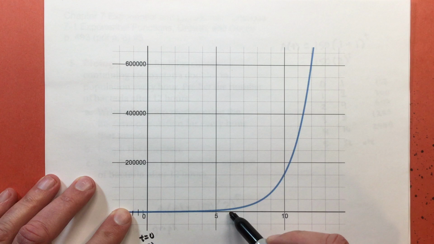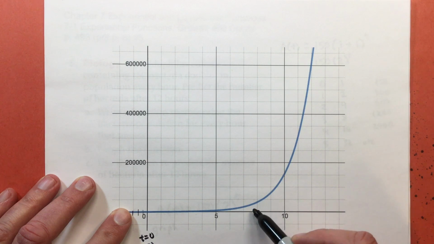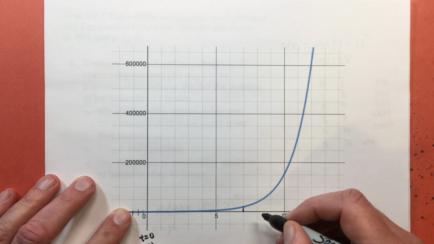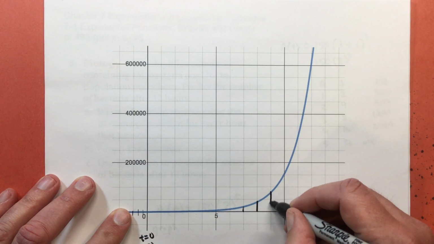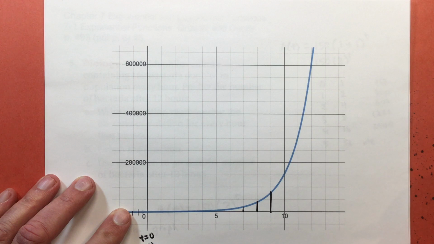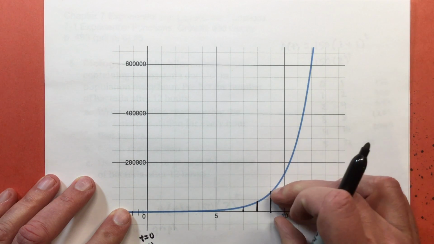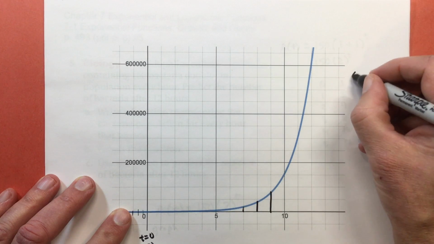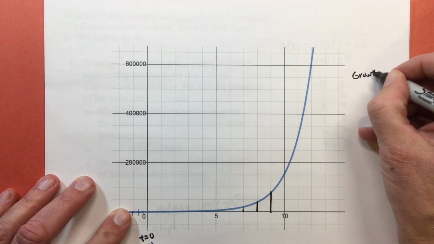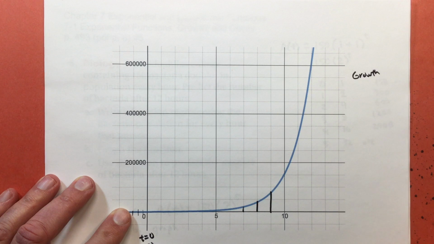And remember, what's happening is it's doubling. Like this distance right here doubles and I get that distance. And then I double it and I get that distance. So it keeps doubling and doubling. Again, this is exponential growth. The population is blowing up.